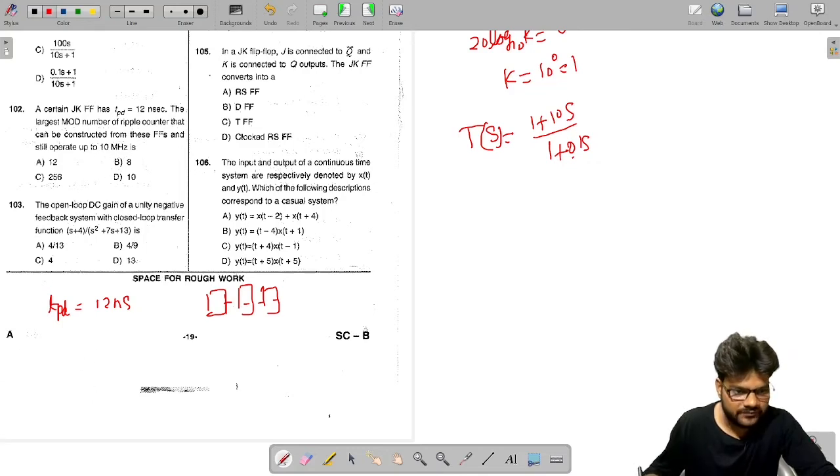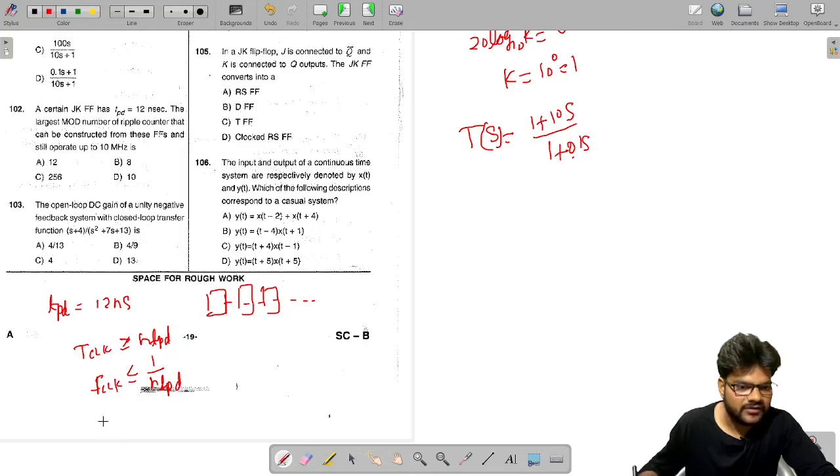So we know T clock has to be greater than or equals to n TPD, where n is number of flip flops. So how many number of flip flops we are using, that is n. So then f clock, so clock frequency will be less than or equals to 1 by n TPD, right.